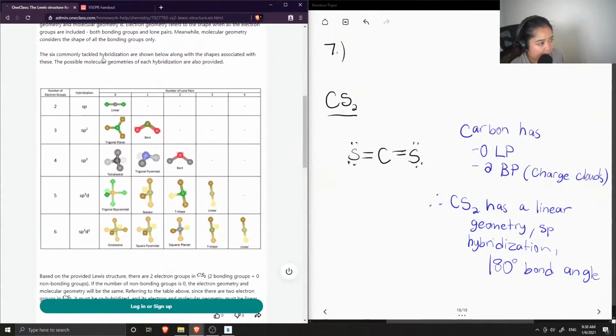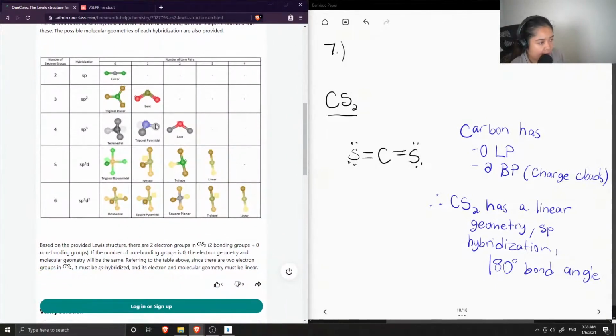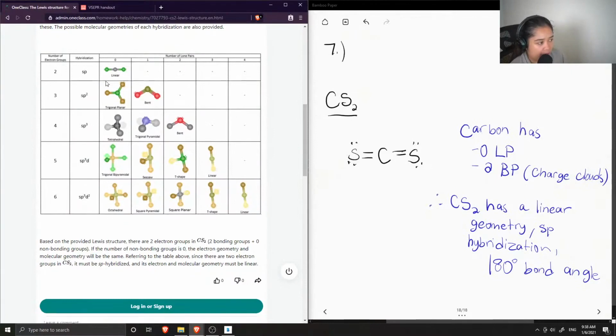The 6 commonly tackled hybridizations are shown below with the shapes associated with these. Possible molecular geometries of each hybridization are also provided. Okay, so this is a nice table. And you can see the linear geometry that we have.